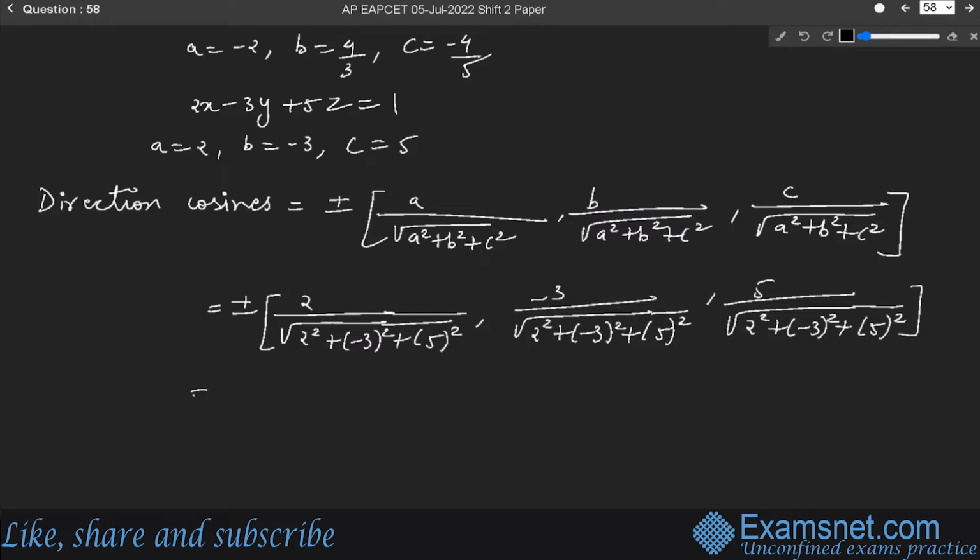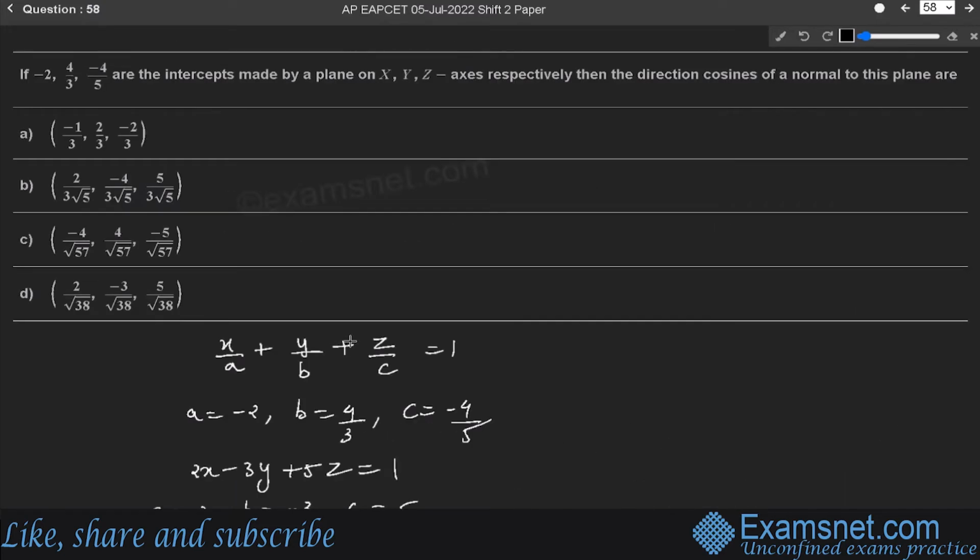On further solving this, it will be equals to plus minus 2 upon under root of 38, minus 3 upon under root of 38 and 5 upon under root of 38. Therefore, we can say that this is the value for direction cosines. So out of all the given options, option number D is the correct option here.